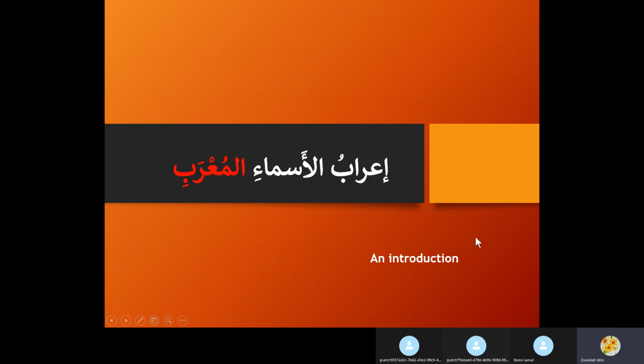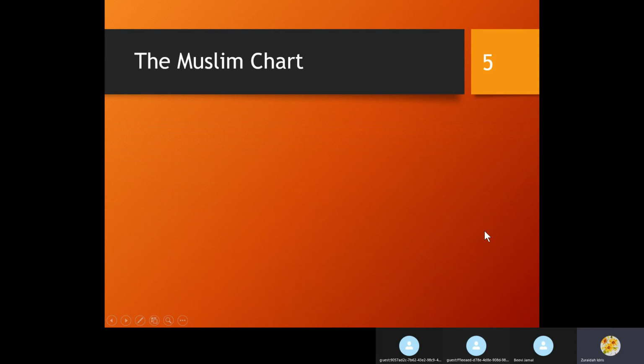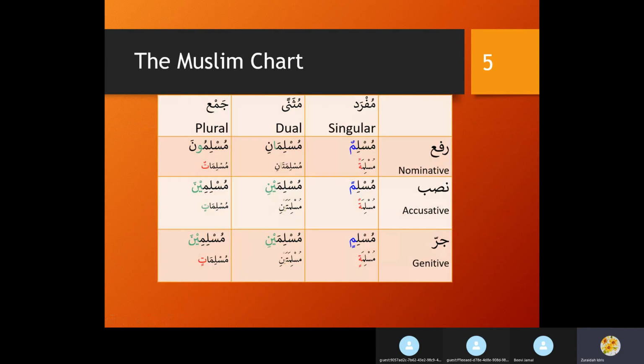Then we went on to look at the table that we were taught when we did Muslim chart. I've compressed everything onto one slide here. And we see that for isms, we're not talking about fi'ils at the moment, we're just talking about isms, nouns. We are only dealing with the plural form of that noun, the dual and the singular. The states for isms are rafa, nasab, and jar. We learned that fi'ils will be rafa, nasab, and jazm. That's the difference.